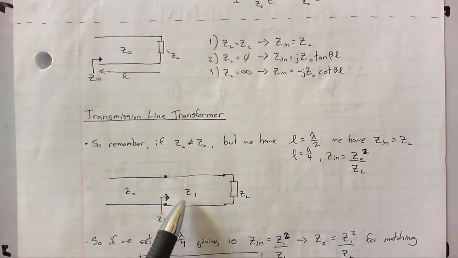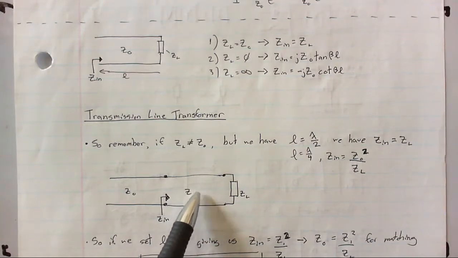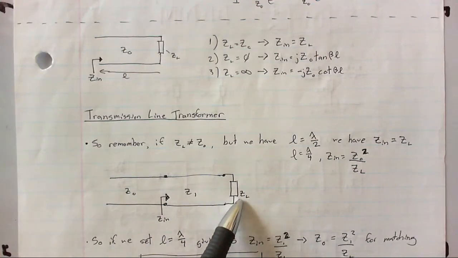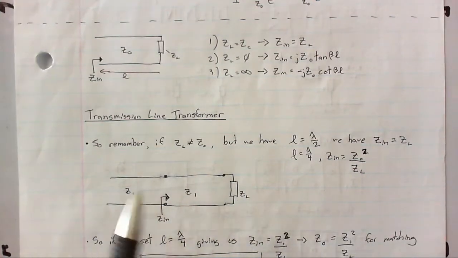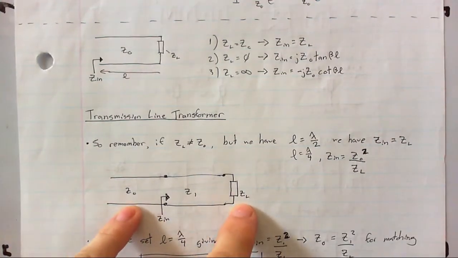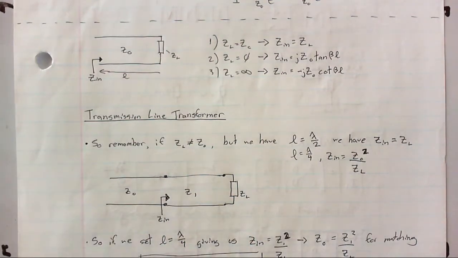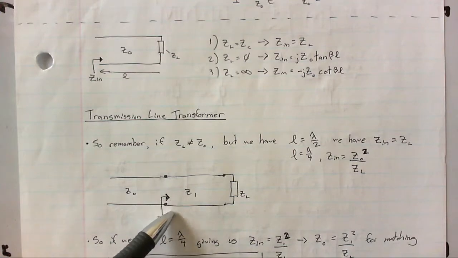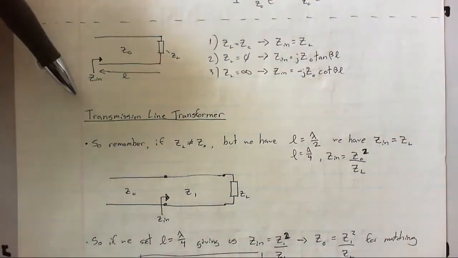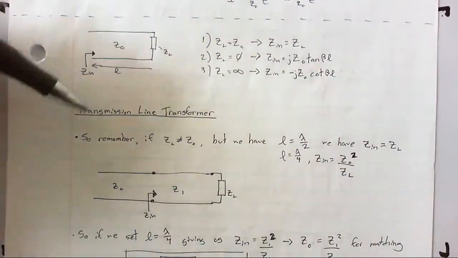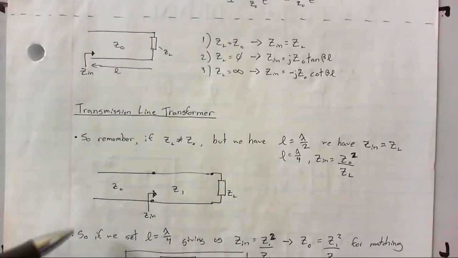But then what this gives you is, so for example, if you've got two different characteristic impedance transmission lines, right, and you've got ZL and you've got Z naught, and they're not equal to each other, okay? But you want to be able to connect them to each other and reduce the amount of reflections as much as you can. You're effectively using another piece of transmission line to transform the impedance that this transmission line will see.